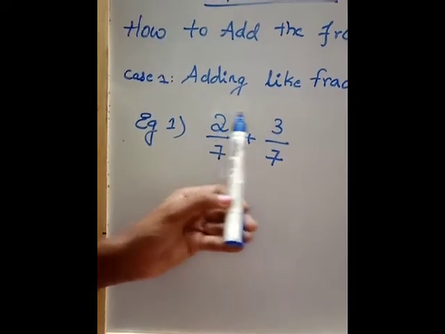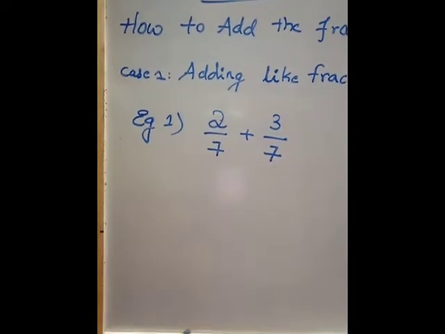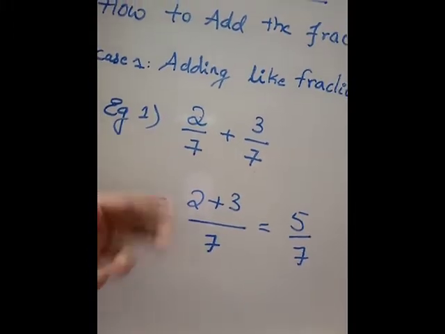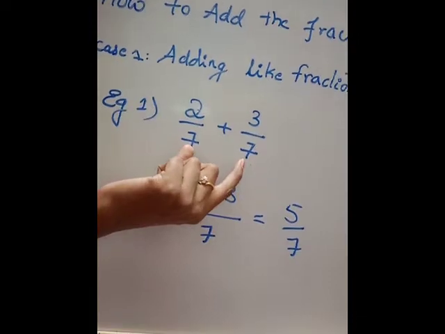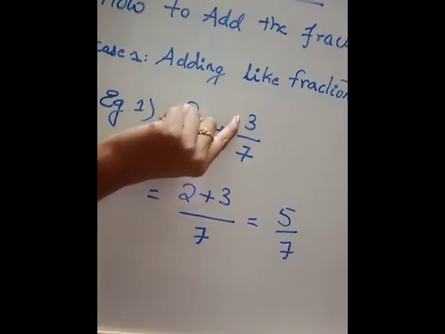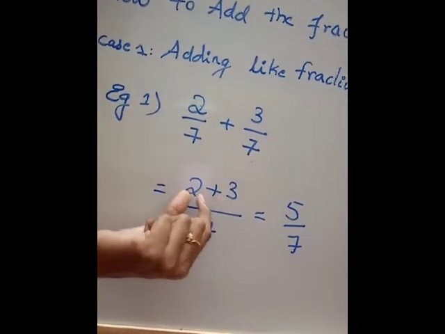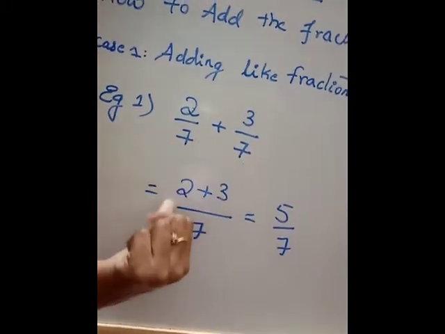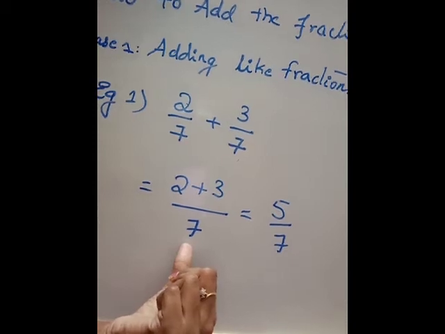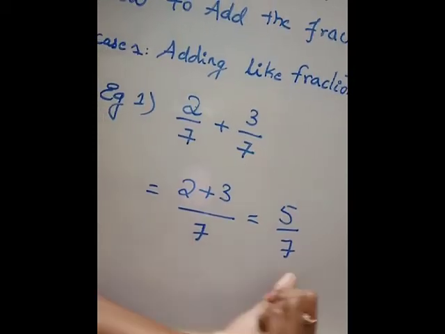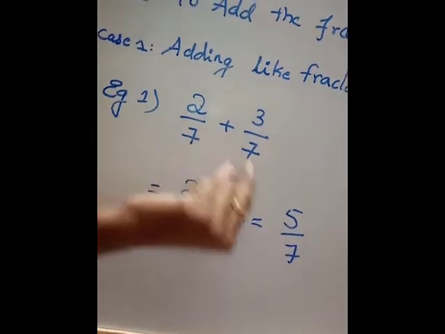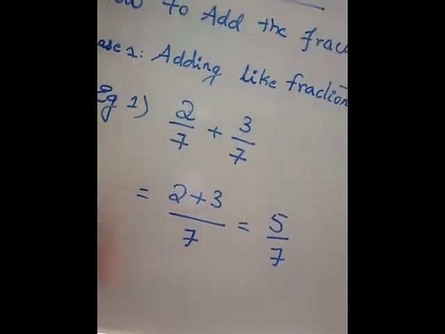So 2 plus 3 is equal to 5, and the common denominator is 7. If you want to add like fractions, just add the numerators.